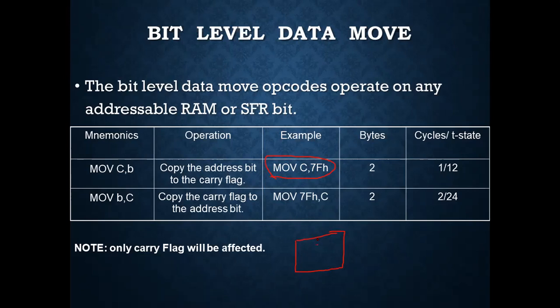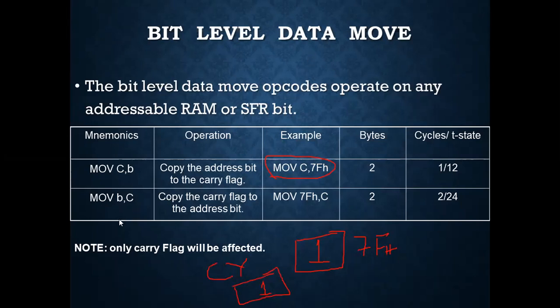Suppose 1 is there in the 7FH location. After the instruction, whatever the value was in the carry flag in the PSW register will be replaced by 1. Clear?